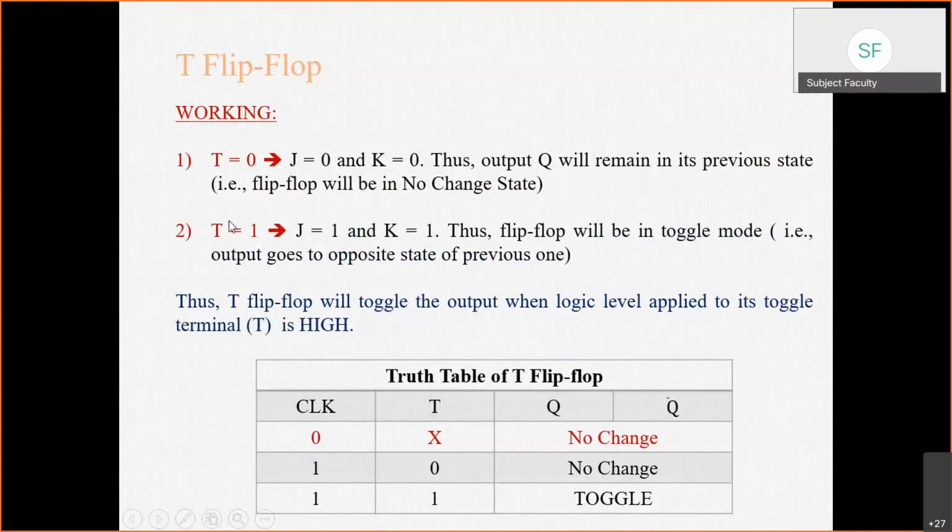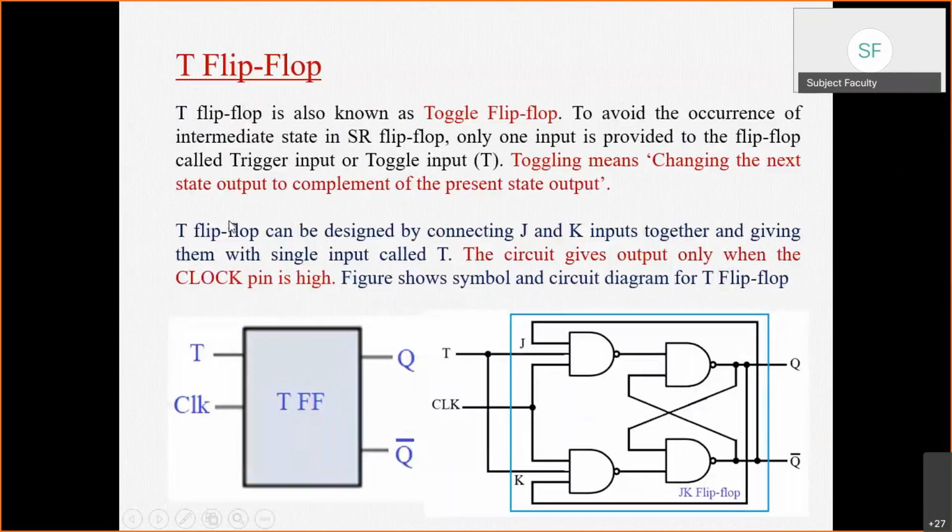Similarly, what will happen when t equals 1? When t equals 1, clock will be always 1. Okay, so let's give this clock particular. Clock is common to both. And again, j will be also 1 and k will be also 1 because t is 1.